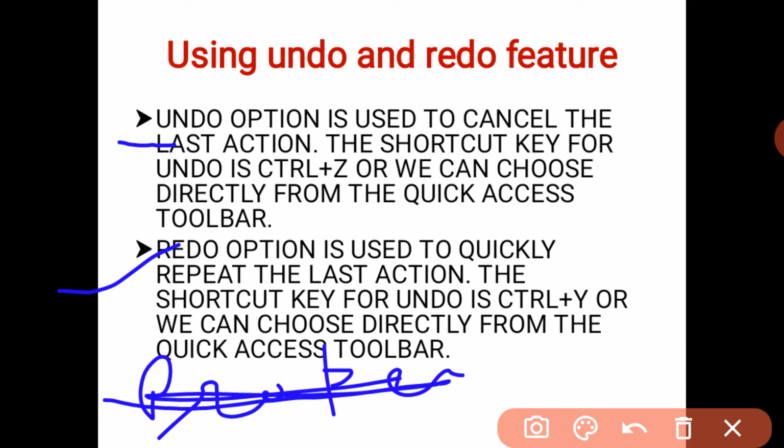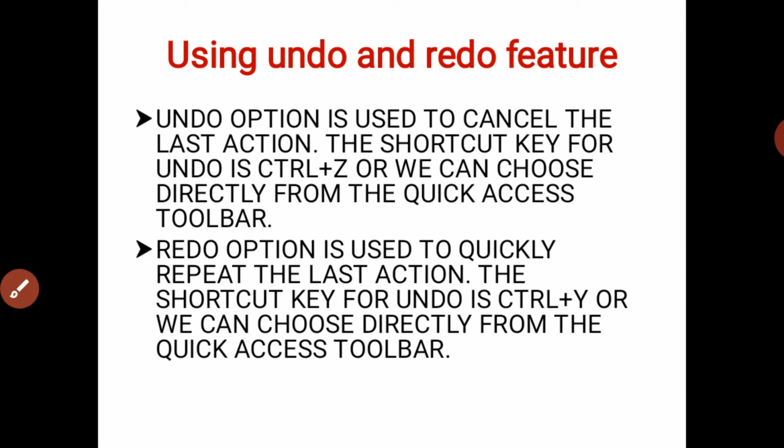But for redo, suppose you think that yes, you require the word "proper" over here, so again you can press Ctrl plus Y. That is basically the redo option, and with the help of that you can apply the word "proper" over here again, right? So these are the basic undo and redo features that we can easily use in our Excel sheet or in a Word document.